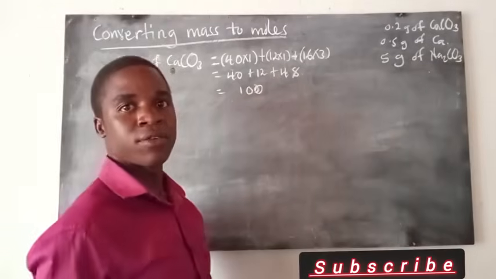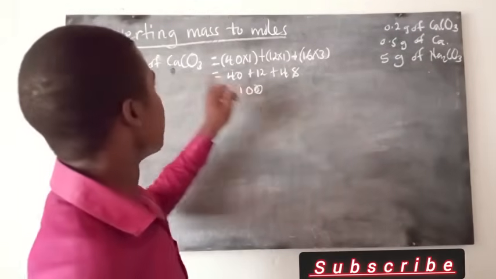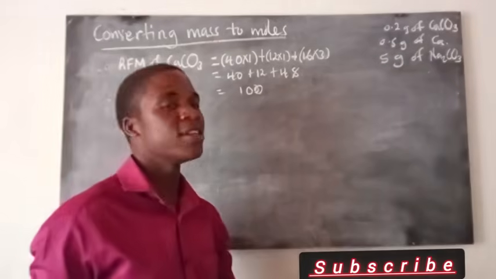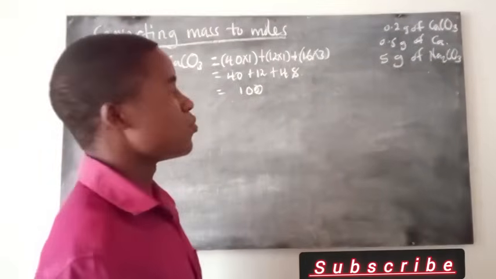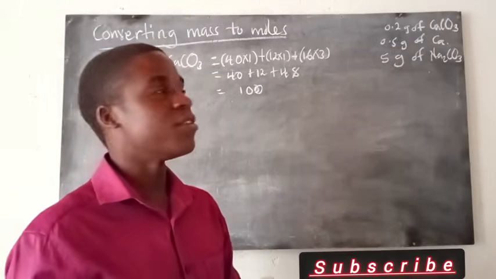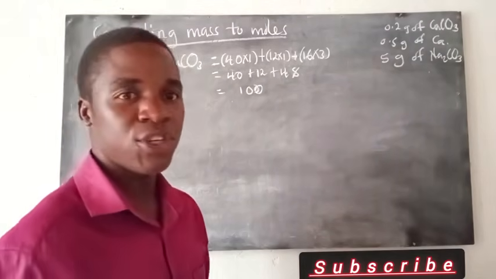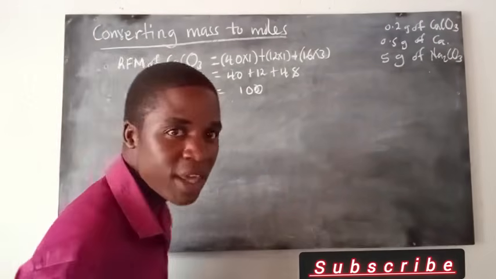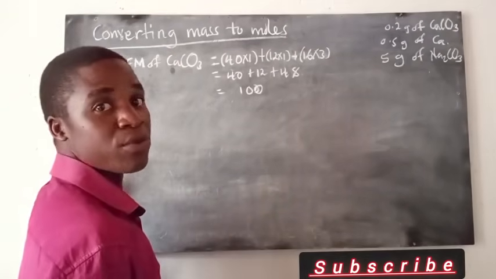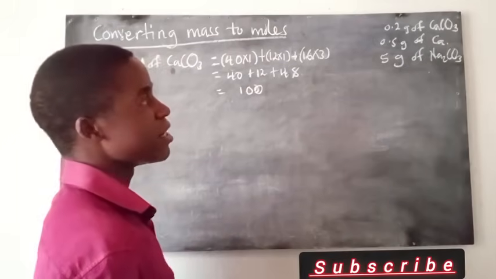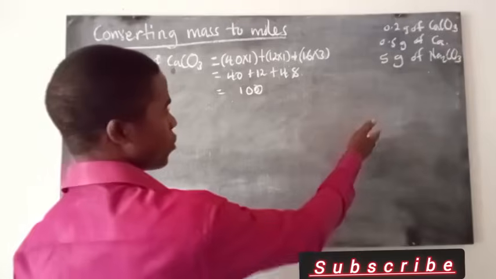After getting the RFM of calcium carbonate, it helps us to get the number of moles. The relationship is that 1 mole of a substance weighs the RFM. For proper calculation, let us always put what we have been provided with on the left, because we are going to use first principles, and what we are looking for on the right.